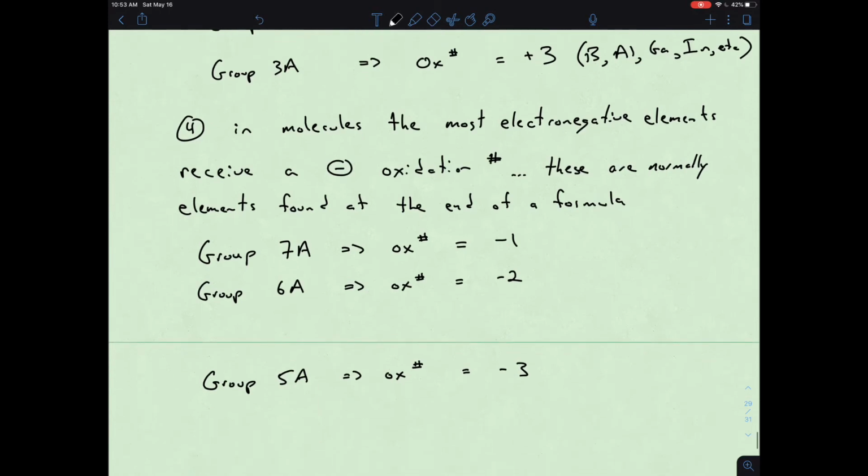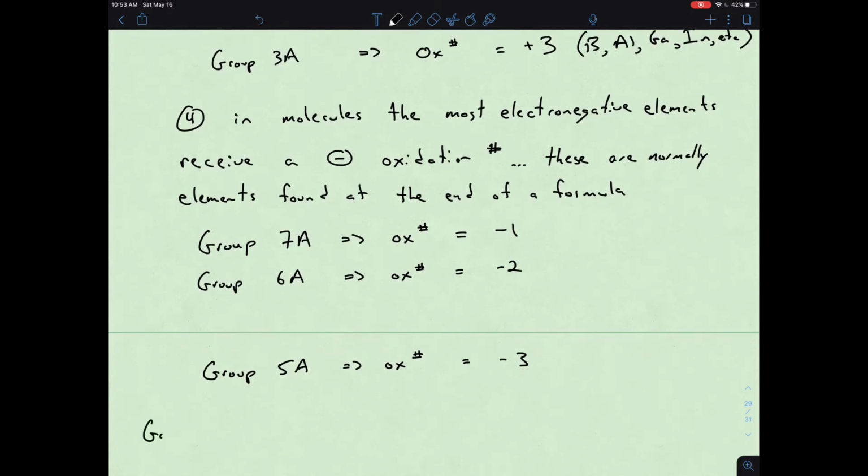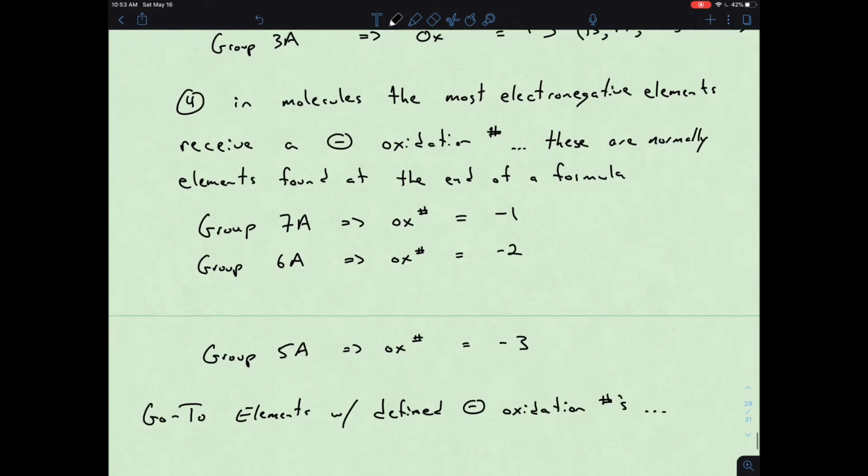But remember, it has to be the most electronegative element. As far as go-to elements with defined negative oxidation numbers, there's really only two.